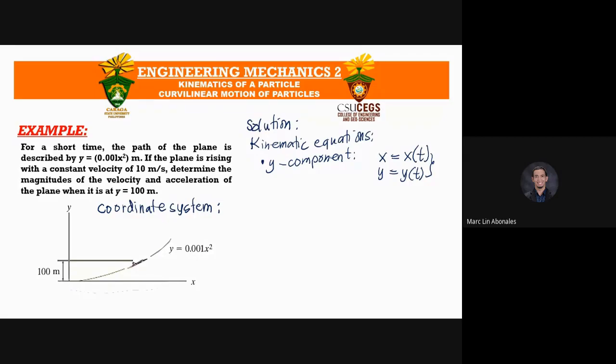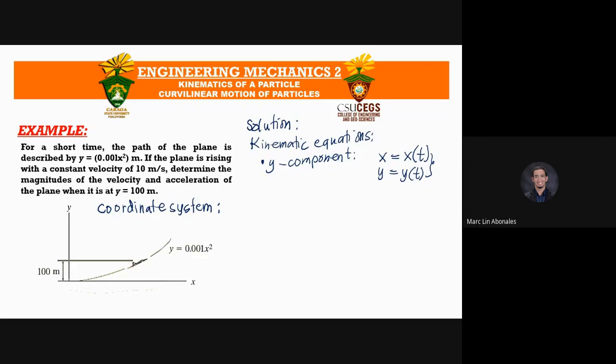And for the y component, if you read again the second statement, if the plane is rising with a constant velocity of 10 meters per second, that value is actually our y component of your velocity, meaning that is your Vy. Since pag-determine sa magnitude of velocity, gamiton man nato ang Pythagorean theorem, square root of Vx squared plus Vy squared.